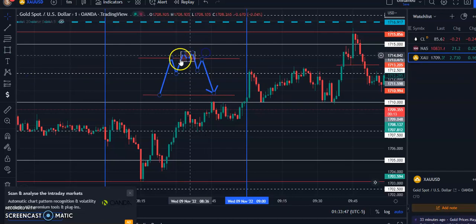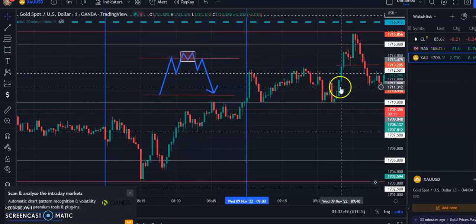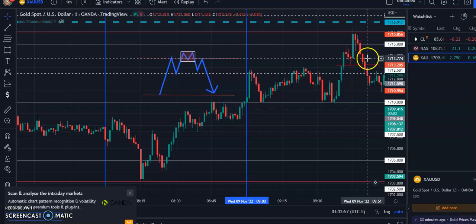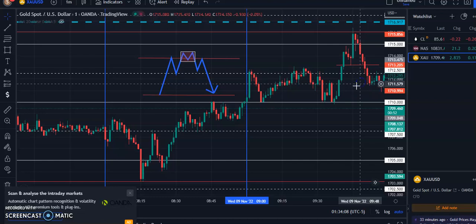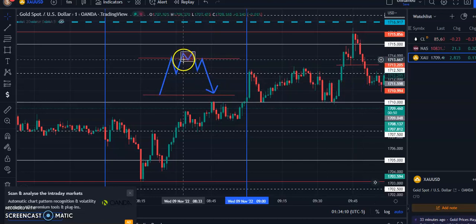This is key: M pattern. As I was looking at this live, I was telling myself this is the M pattern. But when I was getting into the trade, I was expecting a stop hunt. Now, once you see this setup, this is the textbook setup.